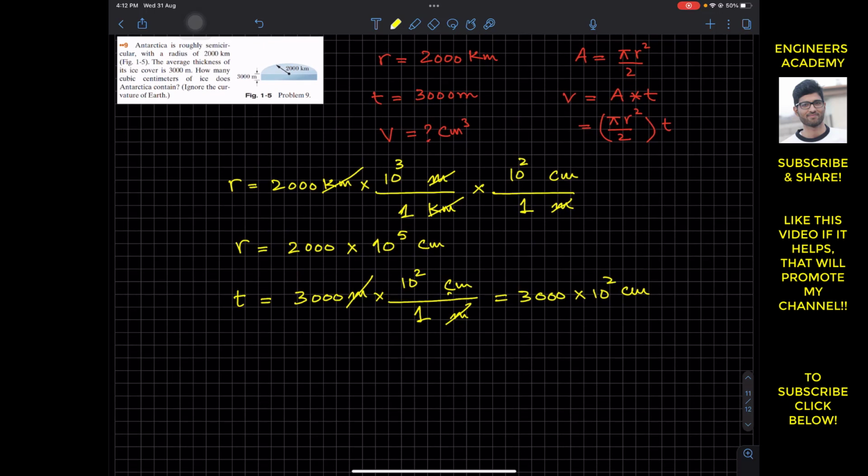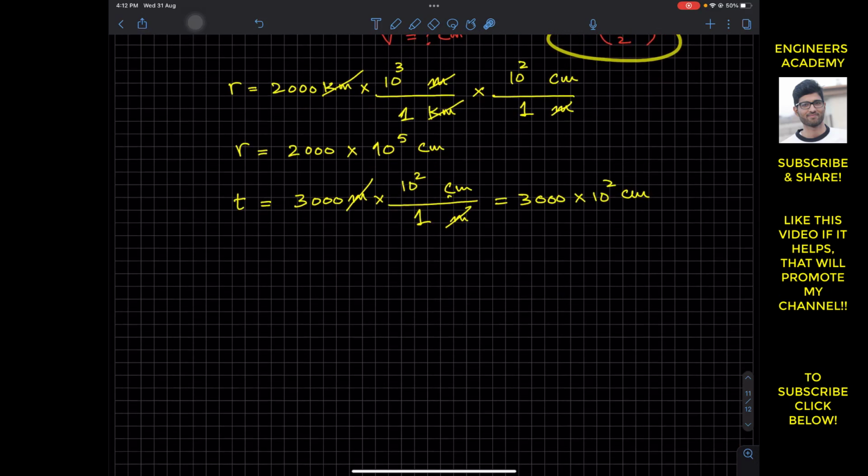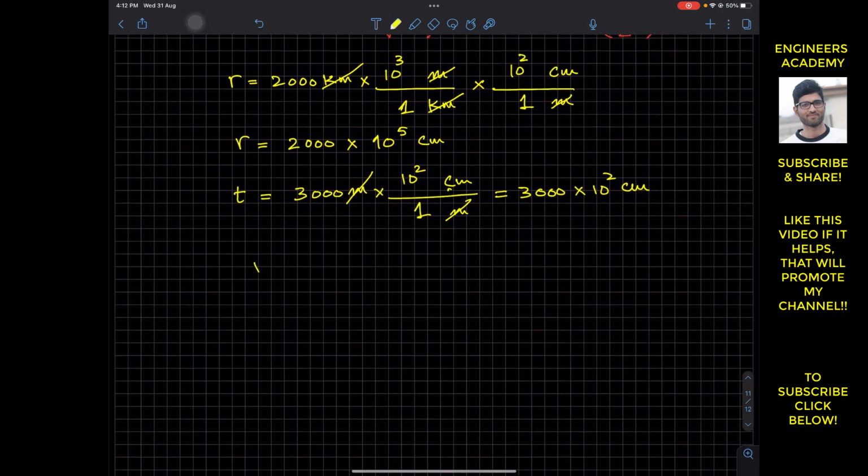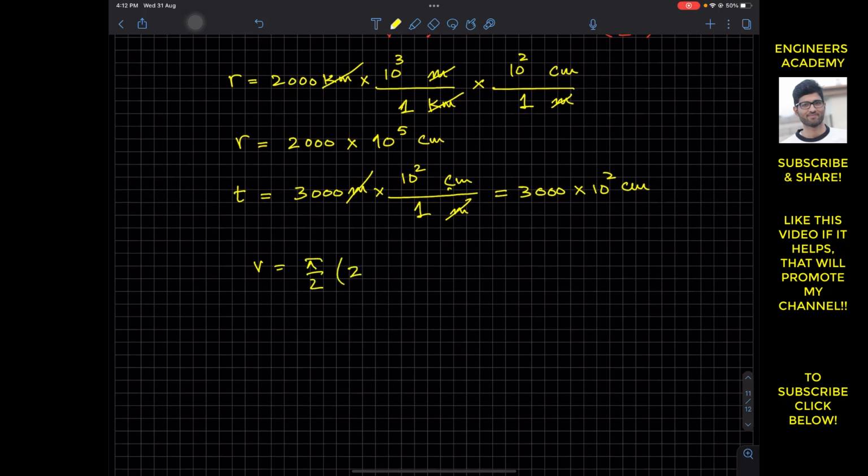Now we can use the volume formula. Volume is equal to pi divided by 2 times r squared, where r is 2000 into 10 raised to the power 5 centimeters, squared, multiplied by the thickness in centimeters, which is 3000 into 10 raised to the power 2 centimeters.